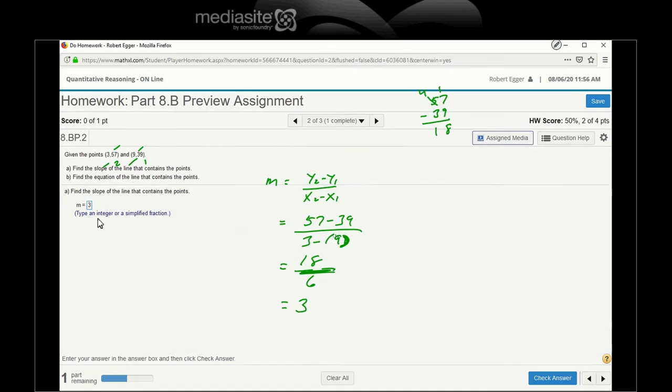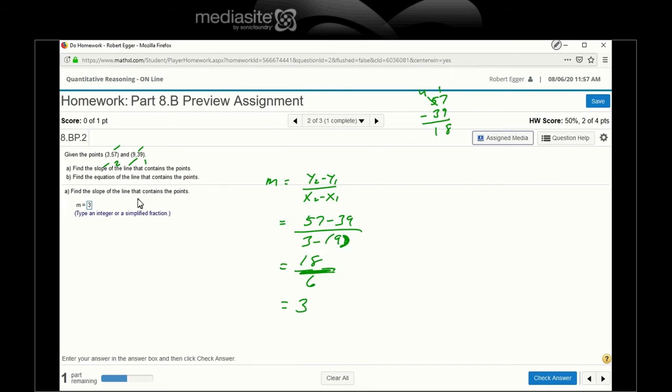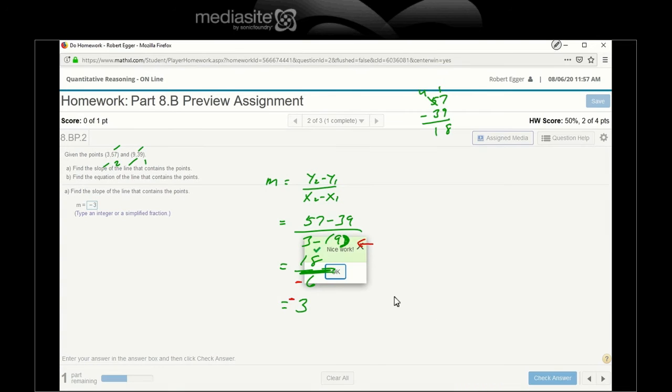Is this correct? No. Lost a sign. 3 minus 9 is minus 6. So minus 3. There we go.